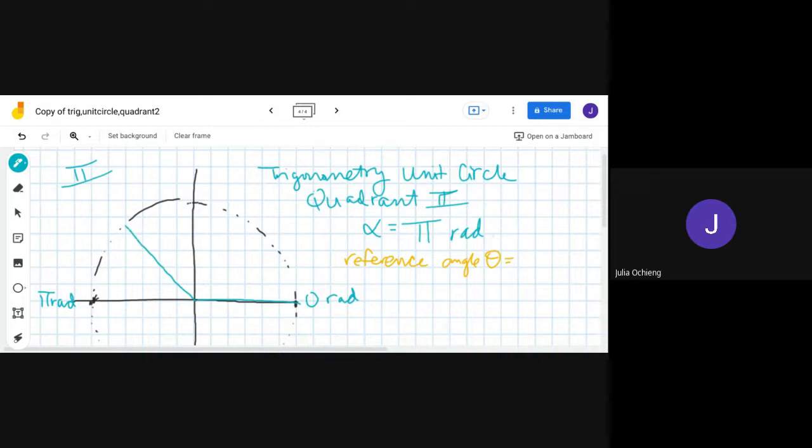When we were dealing with, let's draw that a little more accurately, when we were dealing with 2 pi over 3 radians, the reference angle looks like this. And the sine value, which is the y value, was very high, and the cosine value was very little. So let's even focus on the sine value.